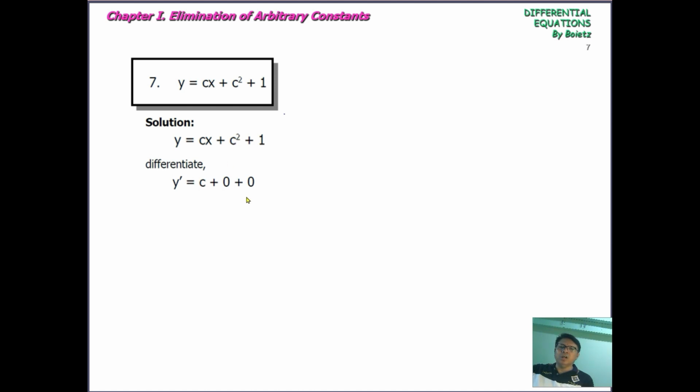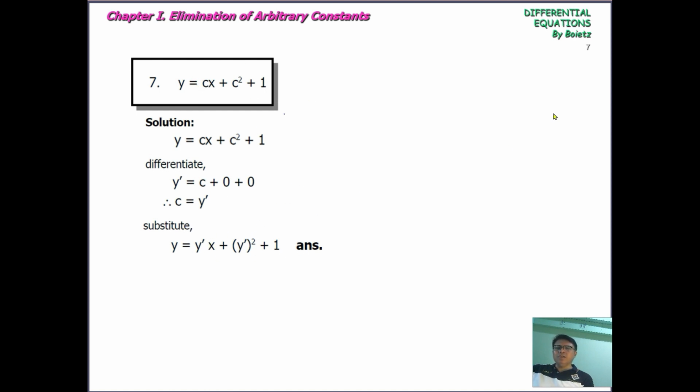So, 0, then ito 0. So, therefore, you can get c equals y prime, then substitute dun sa original equation. So, pag sinubstitute mo, y is equal to y prime x plus y prime squared plus 1 is your final answer. Okay. So, this one is the differential equation of this equation.